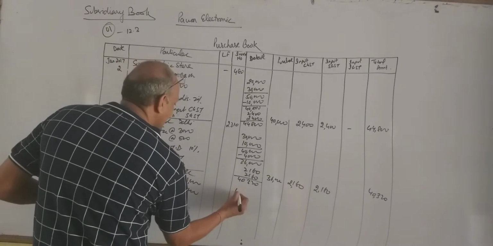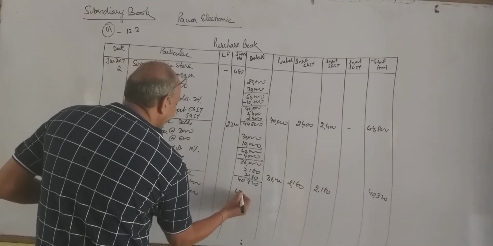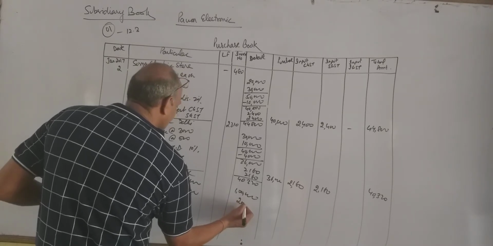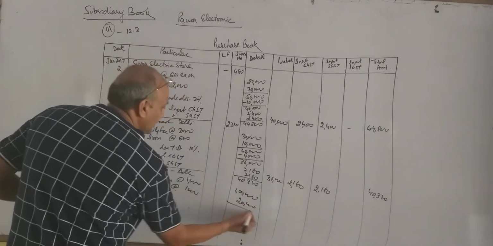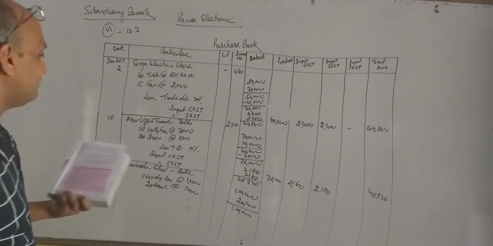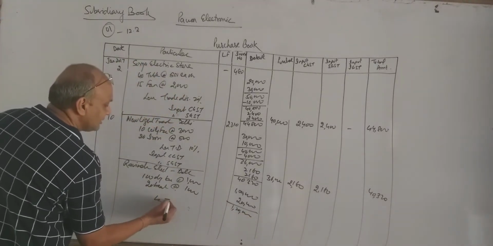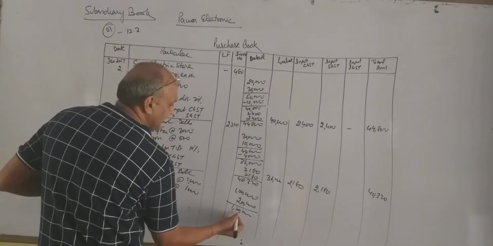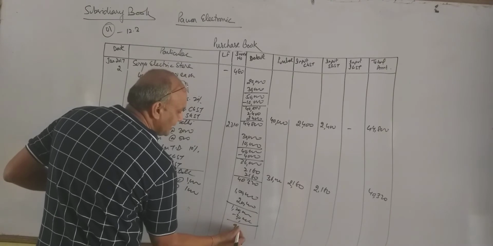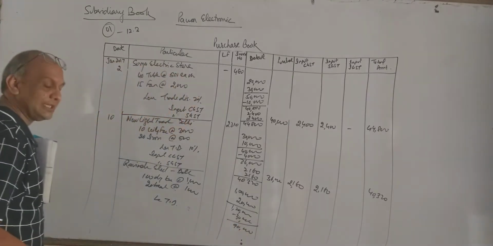So my dear, it becomes 1 lakh and 20,000. Total is 120,000. Then trade discount is given at 25%. Less trade discount 25%, it becomes 30,000. So here 90,000 is your total net purchase.